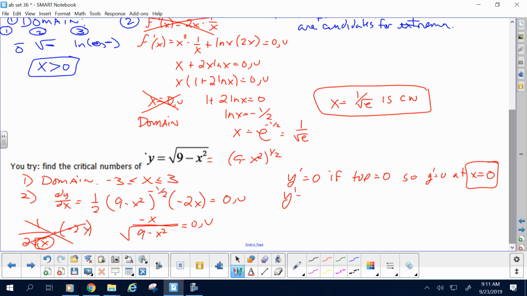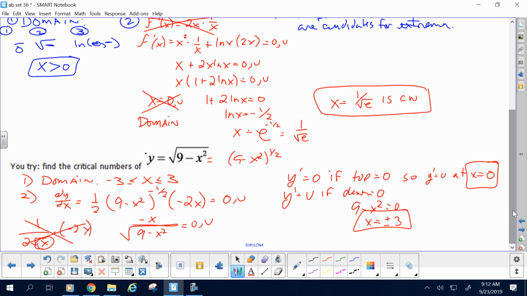Y prime is undefined if the denominator equals 0. That implies that 9 minus x squared is 0, which means x is plus or minus 3. Are those in the domain? Was it allowed in the original function? Yeah, they were. Those are critical numbers.